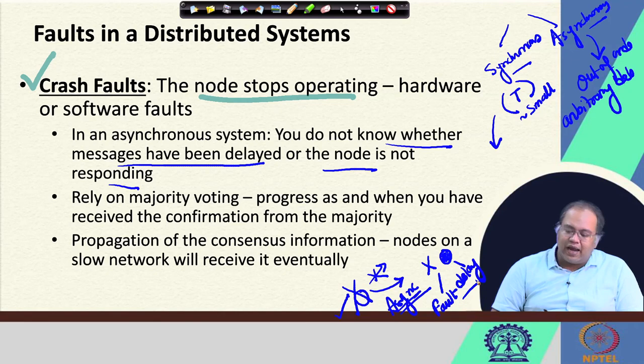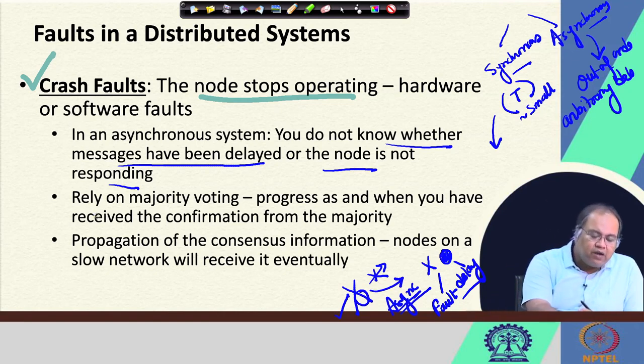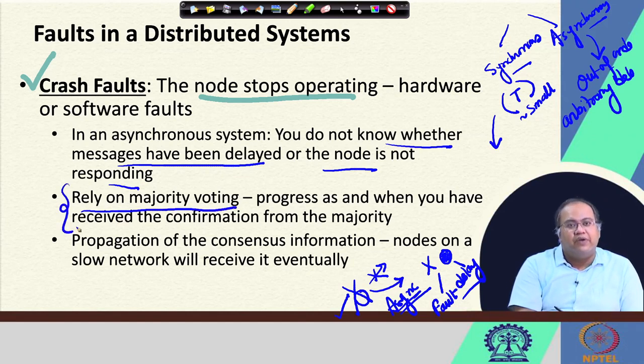So under certain kinds of systems, to reach consensus, we rely on majority voting. Later on we will see what particular protocol we typically use to decide such majority voting.